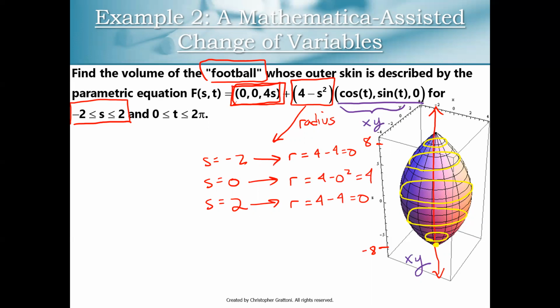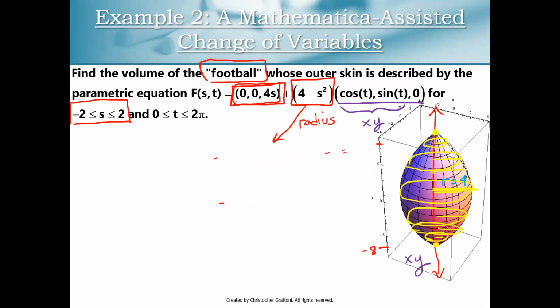That's a radius of 0. Then it's growing, and you get a slightly larger radius, until we cap out at a radius of r equals 4. And then it starts shrinking again, smaller and smaller radii, until we get to the top tip of that football where the radius of that circular cross section is 0. All right, so that's how to understand plotting that region.